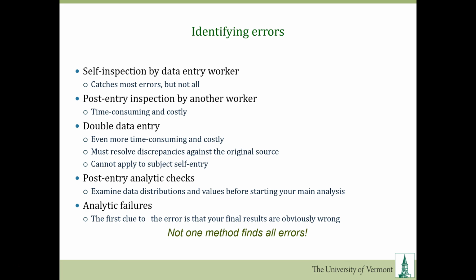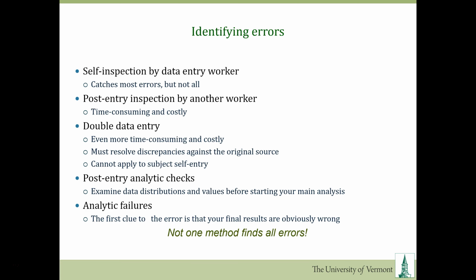To approach this, a lot of people use post-entry inspection by another worker. First, I enter the data, and then as I'm typing it, or soon after, you go look at my results and match them up. Now, this is pretty time-consuming and costly because you need two people to do the work.